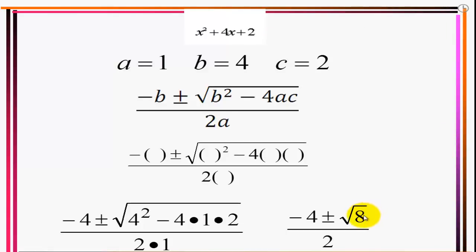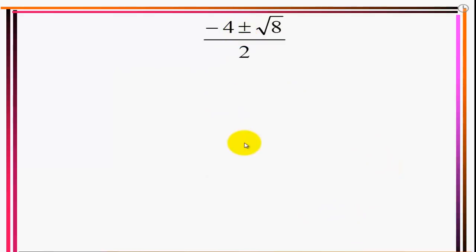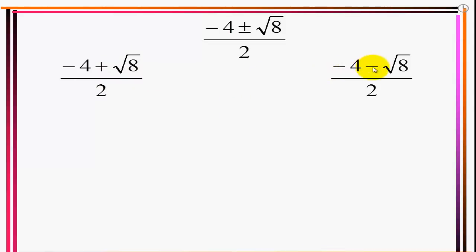And then since square root of 8 is not a perfect square, let's try to separate our negative 4 and your square root of 8. So we can rewrite this as negative 4 plus square root of 8 divided by 2 and negative 4 minus square root of 8 divided by 2.